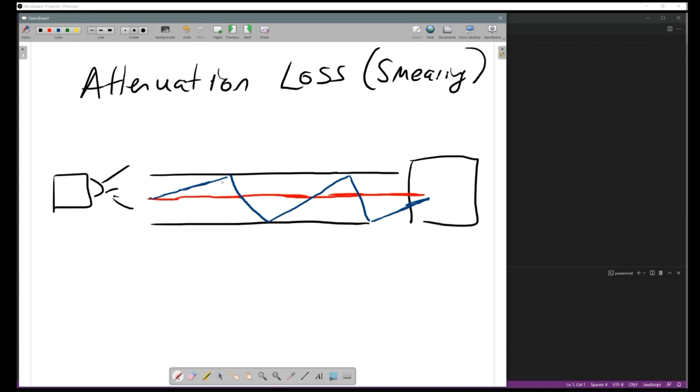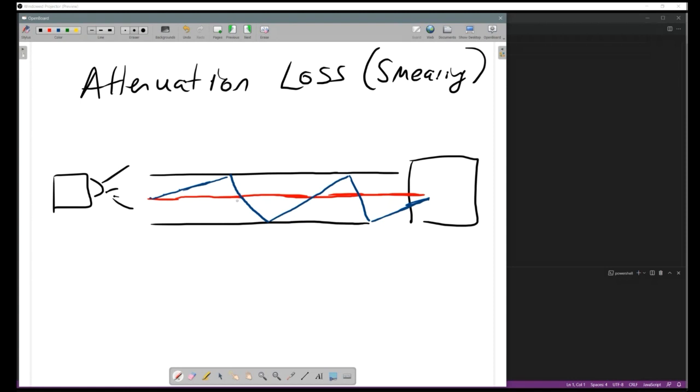So some signals are faster than others, and because of that, on the receiving end, you get this smearing effect.